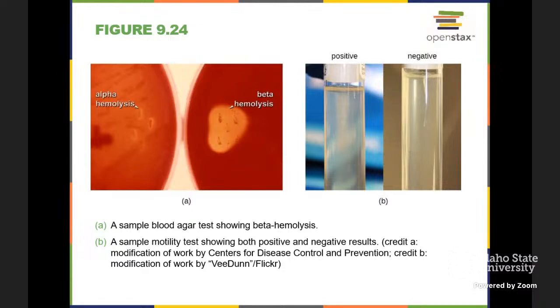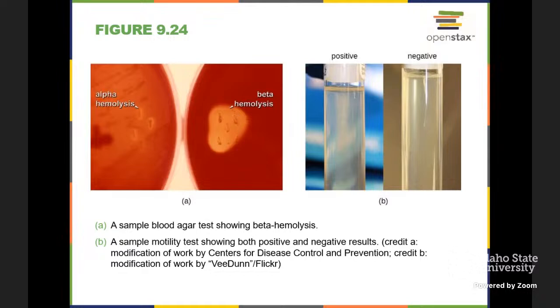These plates have various options for what type of blood. Oftentimes it's sheep blood. When we're thinking about Streptococcus pyogenes, that's a very good one to utilize. But there's other stuff. You can use cow blood, whatever. The agar gets prepared.